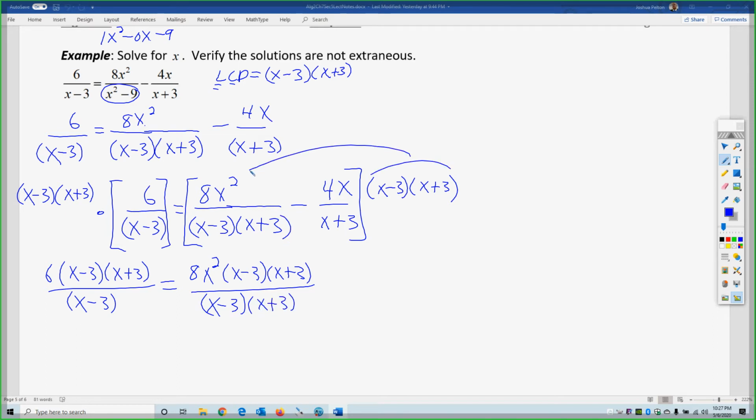Because that has to go to there and there. So minus 4x times x minus 3, x plus 3 over x plus 3.